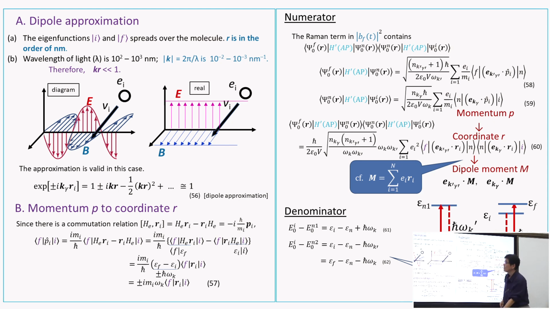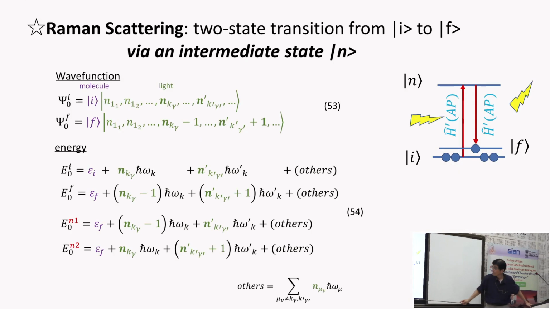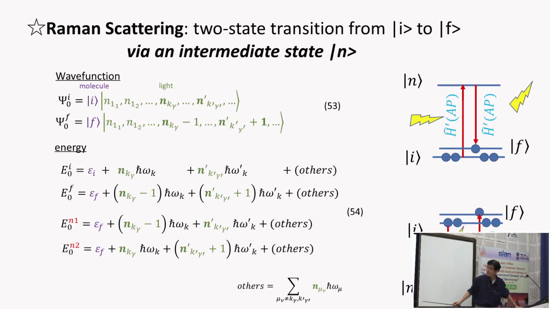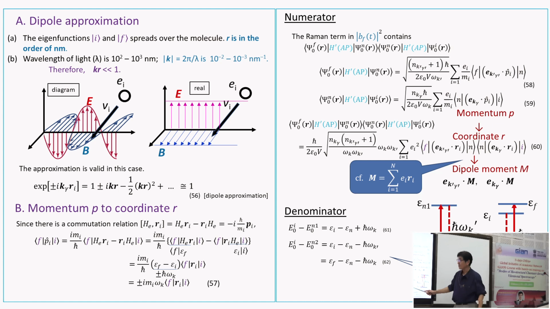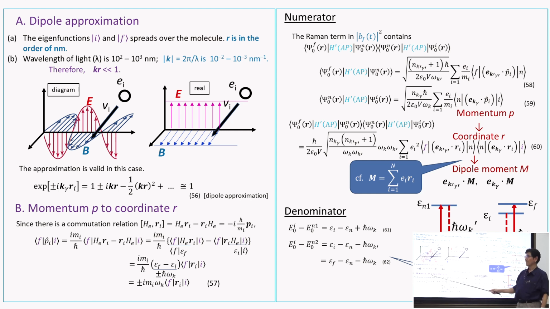Then what happens? Later it appears. But when we consider the exponential function, exponential plus or minus ikr, and kr is much smaller than 1, then it's possible to expand in this way.